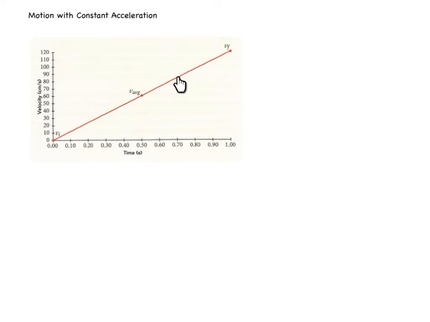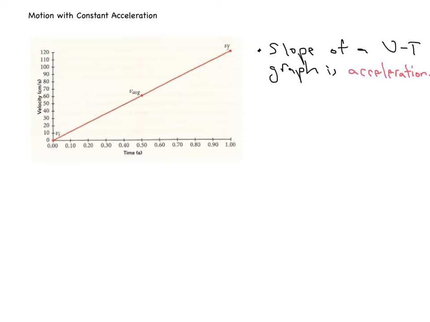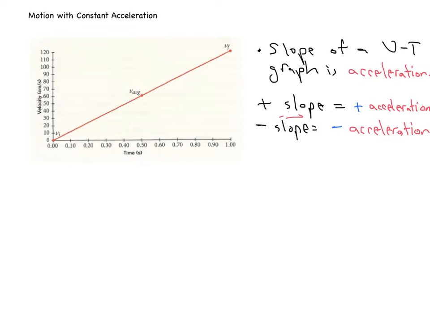The slope of a velocity time graph is the acceleration of an object. So this is an important point. The slope of a velocity time graph is the acceleration. Okay, and then we see the positive slope will give us a positive slope for this line. Tells us the acceleration is positive, and negative slope tells us it's a negative acceleration.